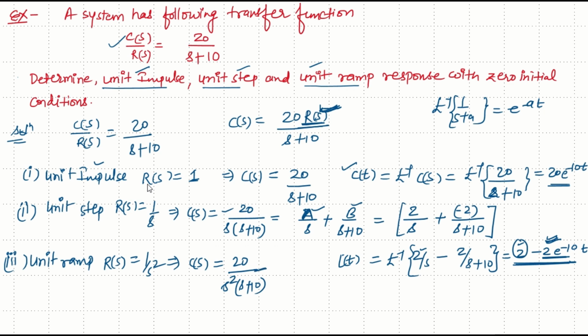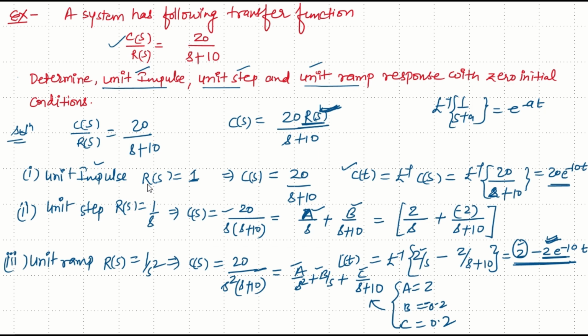Now again we have to do the partial fraction. This time the partial fraction will be A by s square plus B by s plus C by s plus 10. You can easily determine these values A, B and C. When you calculate them, A will come out to be 2, B will come out to be minus 0.2, and C will come out to be 0.2.